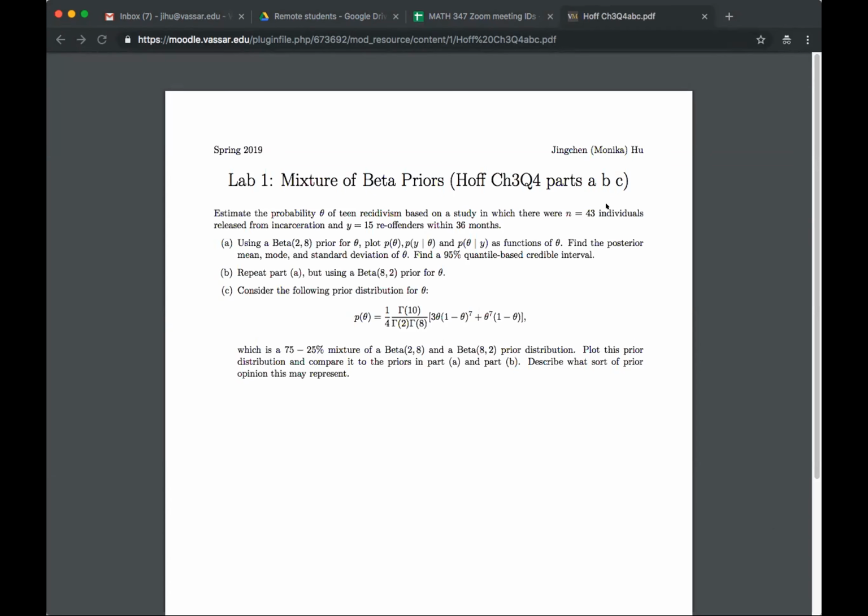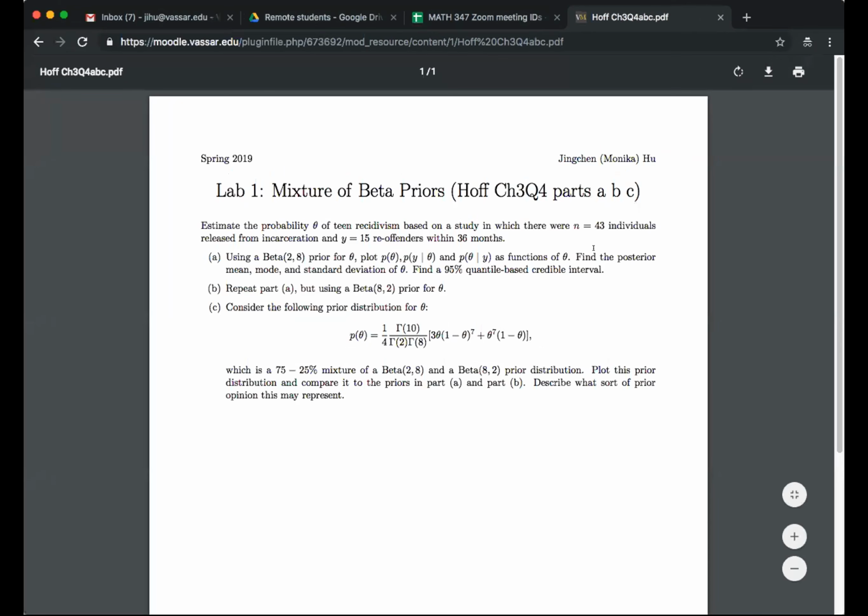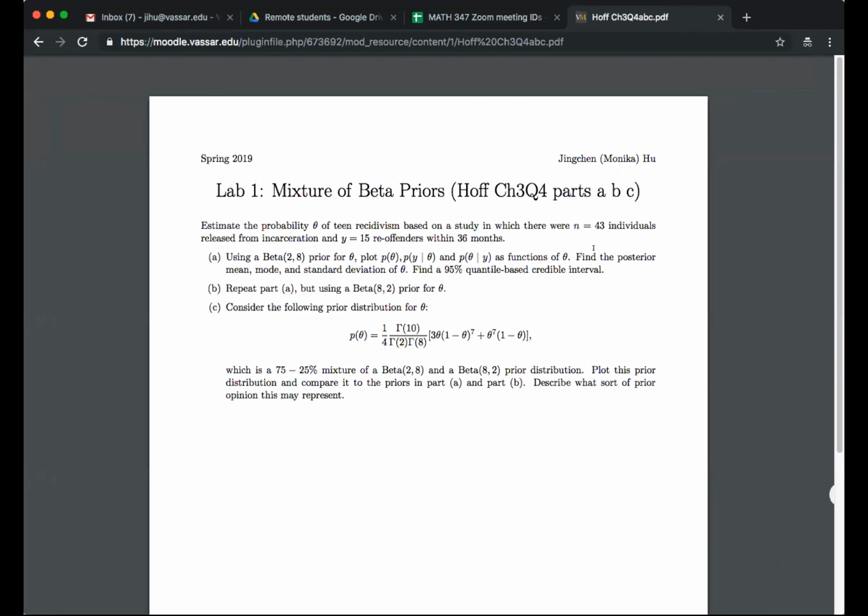But if you want more flexibility, say I want a special way to express my prior belief, something you can use, especially if you have a binomial data model, is something we call a mixture of beta priors. Okay, so mixture from the name, as you can see, is a combination of multiple. And for this lab, we're going to look at a mixture of two beta distributions. One is beta 2,8 and the other one is beta 8,2.